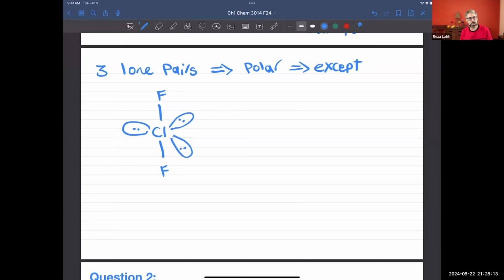That one will be non-polar. Remember, if you change one of the fluorines to another atom, for sure your molecule will be polar, because if you have non-identical elements, then you will have a polar molecule. But in this case, all the lone pairs are going to cancel each other, so your molecule will be non-polar.